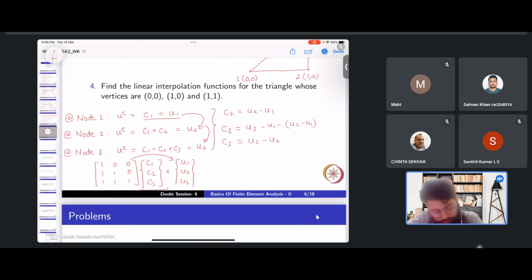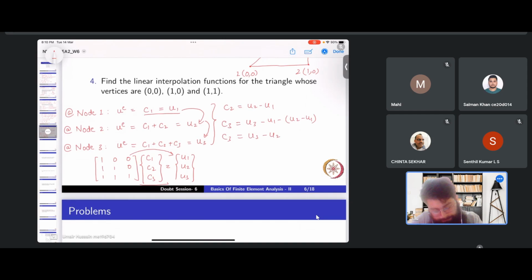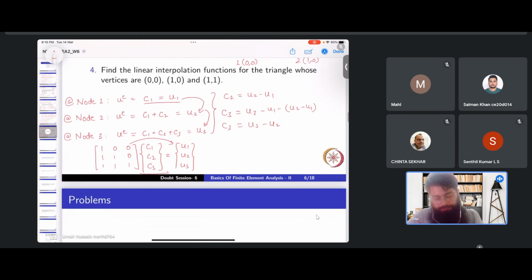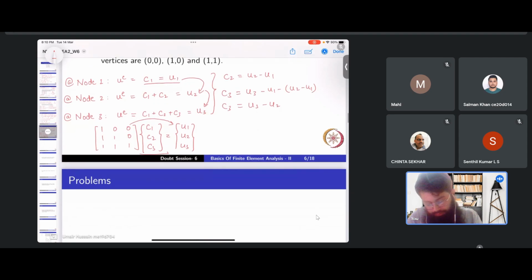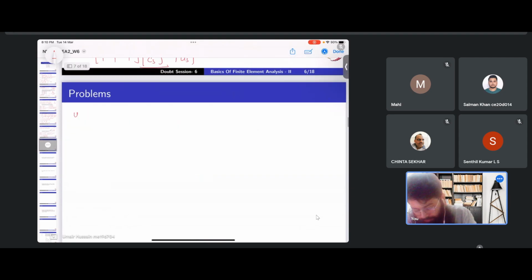Please confirm if I'm doing right. Let me know if there's some mistake here. U3 minus U2. Okay, fine. So we got our three unknowns here. So we can again substitute these.